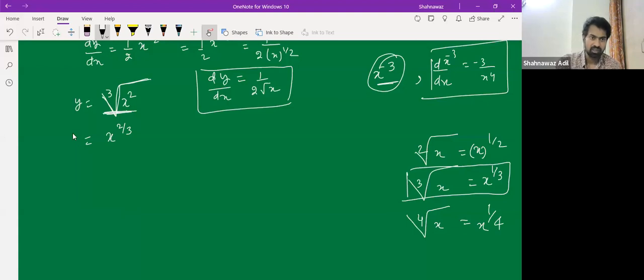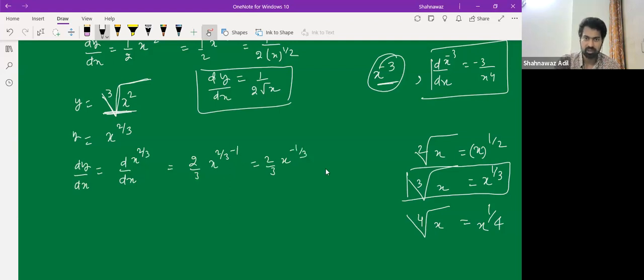Now we can easily calculate d by dx of x to the power 2 by 3. This would be 2 by 3, x to the power 2 by 3 minus 1. That is 2 by 3 times x to the power minus 1 by 3.